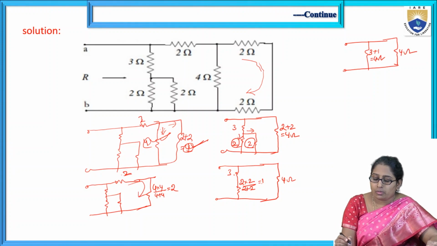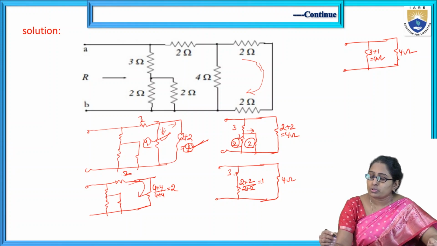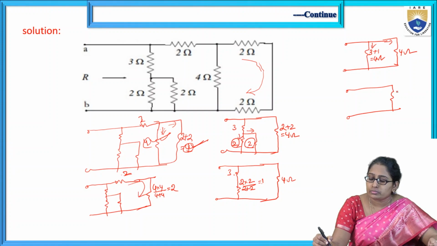Okay. Now finally only two branches with the values 4 ohm and 4 ohm. The equivalent of those two, they are in different paths, so that means different currents. So parallel combination of two, product by sum, so 16 by 8, 2.